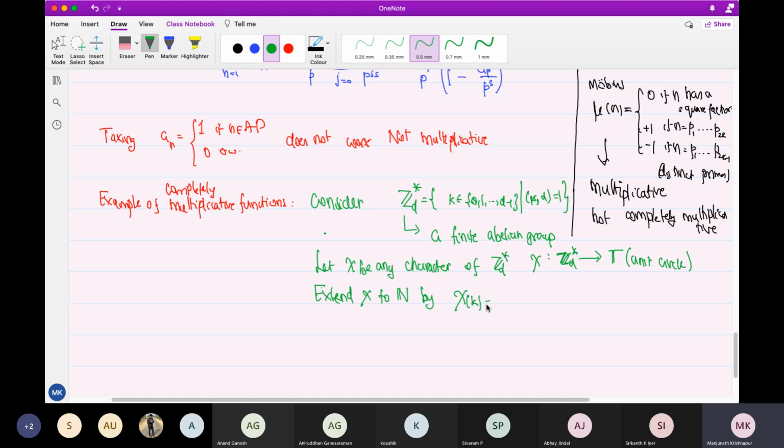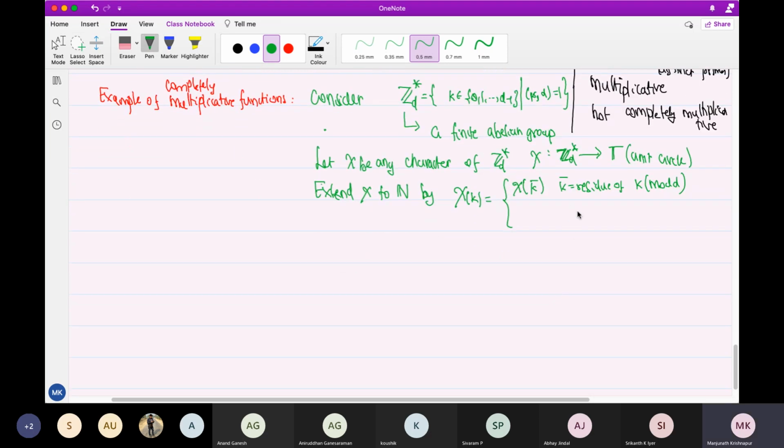So chi of any k, you just do it with modulo d. Chi of k is chi of k bar, where k bar is the residue of k mod d, but that is only if k is co-prime to d.